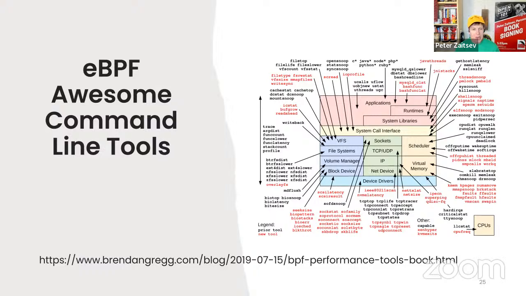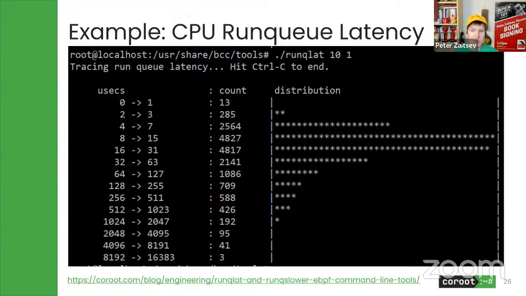And why I'm showing this slide is because you can see that pretty much every area of your system, both application, runtime, and various kernel subsystems, actually has very good and simple insights out there. And the number of those tools is growing every year. Here is one of the examples I like a lot.